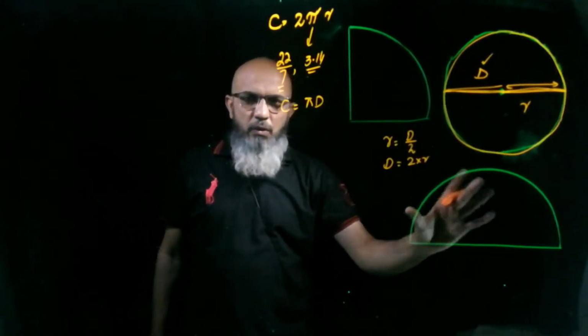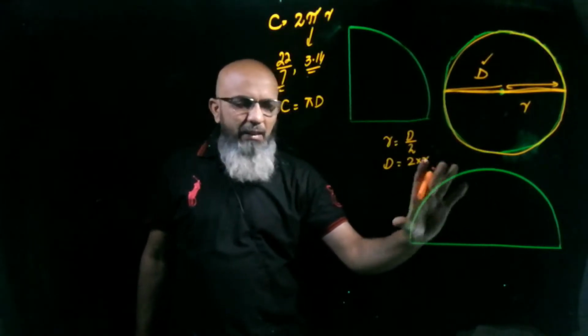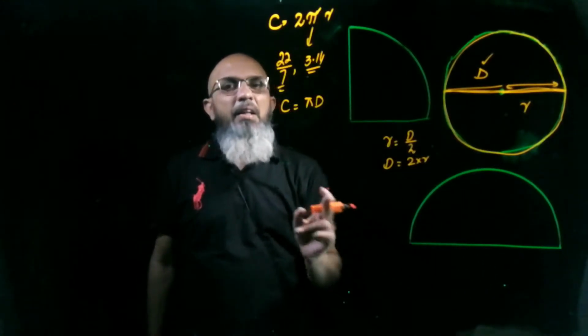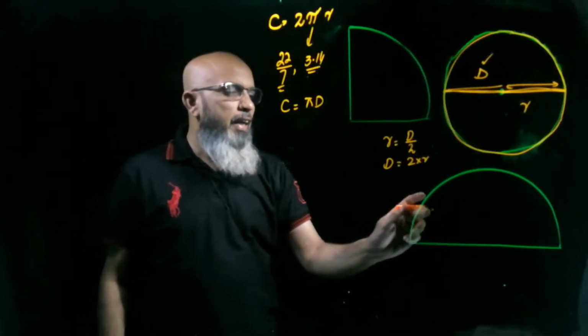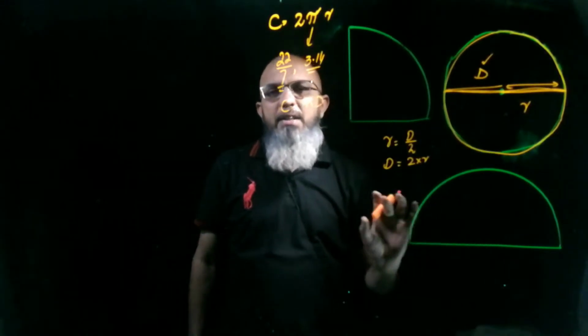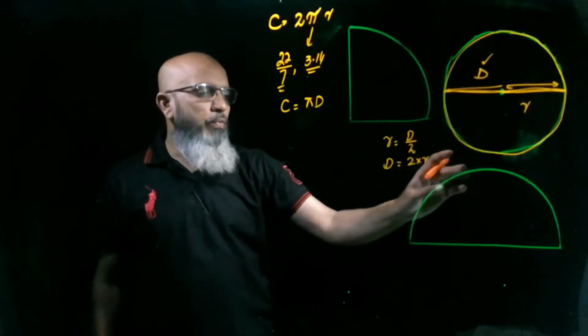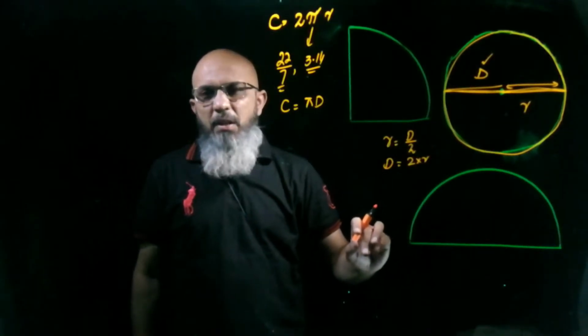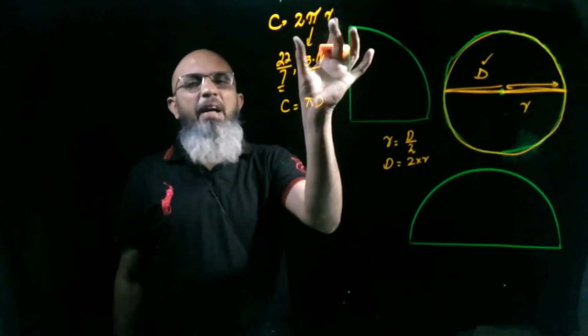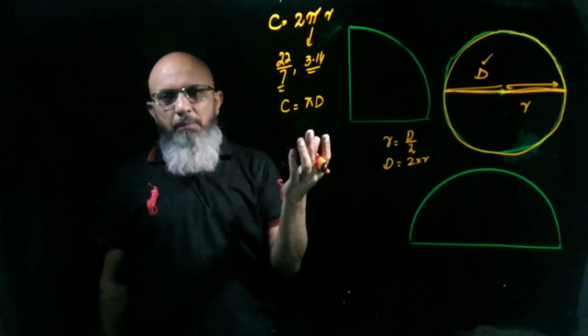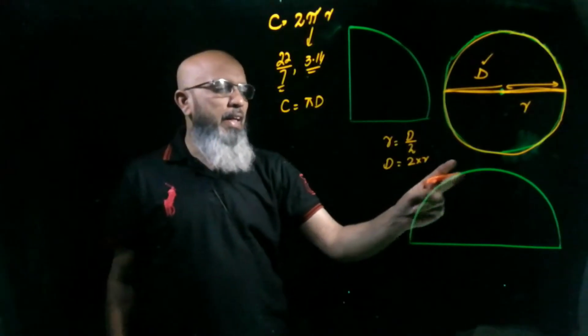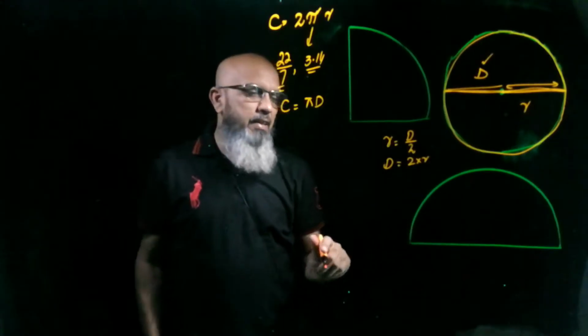And what is this? Is this a half of a circle or a quarter part of a circle? That is a half of a circle, which means it is a semicircle. So how can you find the circumference of a semicircle? Simply we will divide the whole circumference by 2.